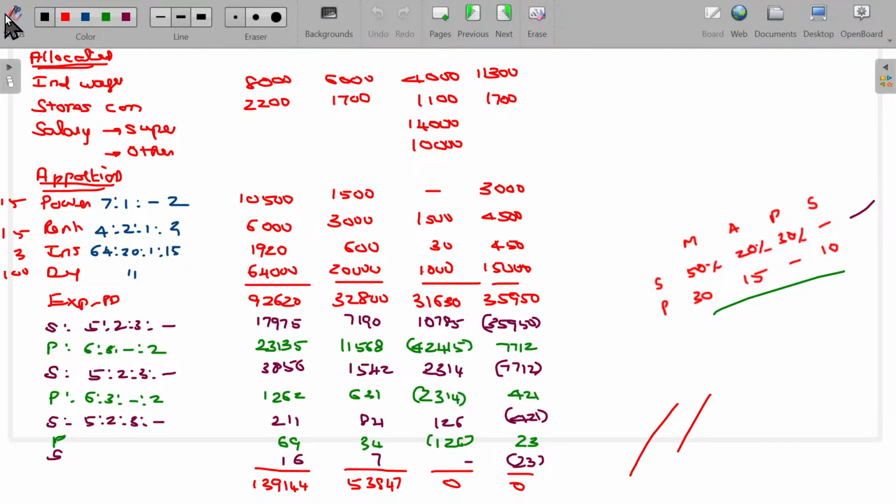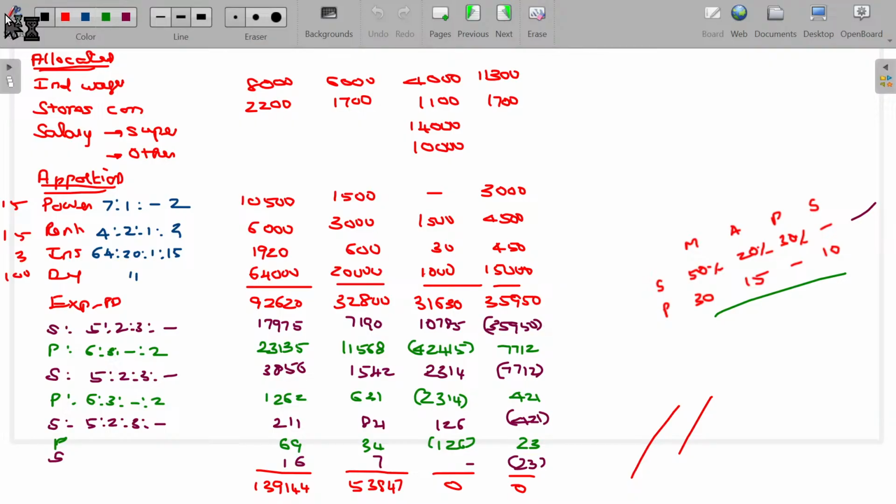Now to avoid that, you have to understand these 3 also: 7, 8, 9. Clear? Text me. Yes.